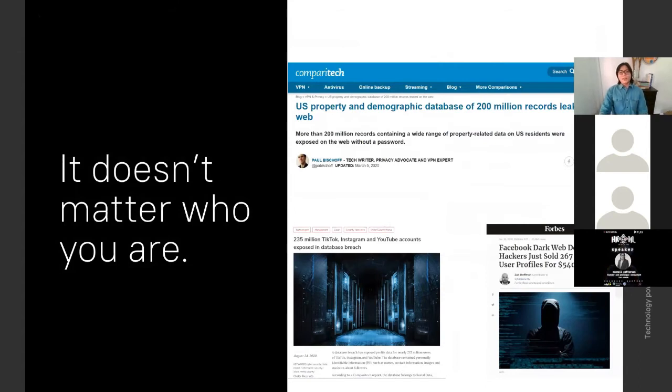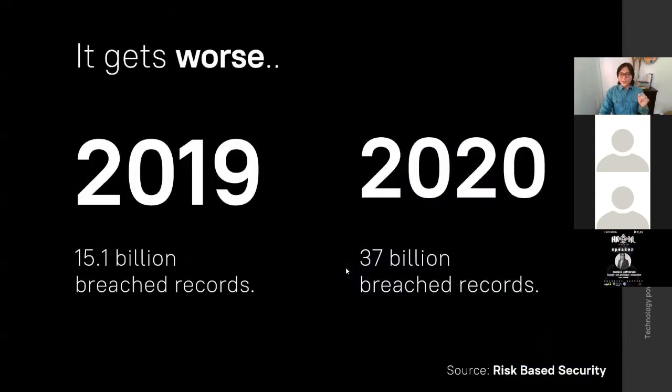See, in 2020 alone, a report from Risk-Based Security revealed that the number of breach records has increased to an all-time high of 37 billion records, compared to the reported 15.1 billion records in 2019. So that basically means it doubled in just 1 year.